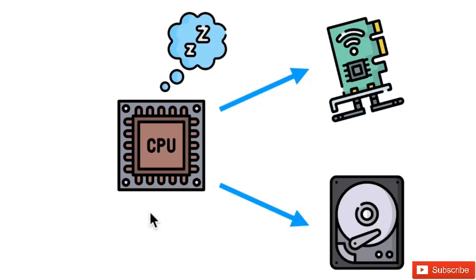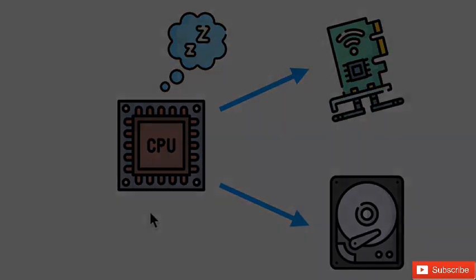We want to make sure that our long-running functions that are waiting for input and output from our devices, like our hard drive, are non-blocking, allowing Node to continue executing other code, and making sure that that CPU of ours stays awake. All right, I'll see you in the next one.